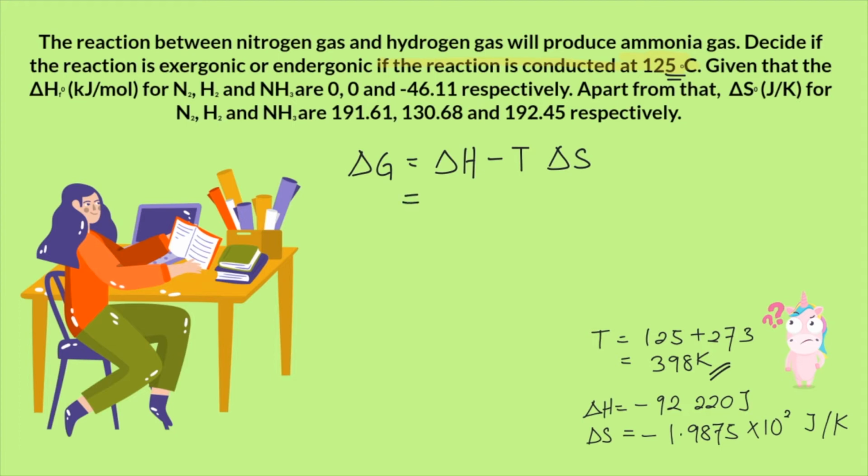So you just plug in all the values that you have calculated just now. Your delta H is negative 92220 minus your T, which is 398, times your delta S, which is negative 1.9875 times 10 to the power of 2.